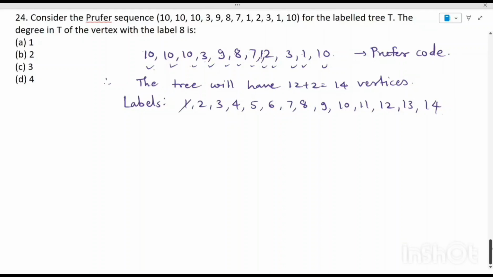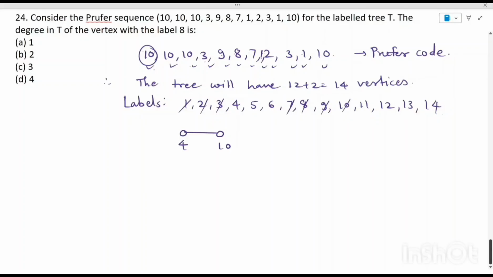So 1 is present in the Prüfer code, 2 is present, 3 is present, 4 is not present, 5 is not present, 6 not present, 7 is present, 8 is present, 9 present, 10 present, 11 not present, 12 not present, 13, 14 not present. So what is the minimum label? The minimum label is 4 and the first term is 10. So we draw an edge between 4 and 10.